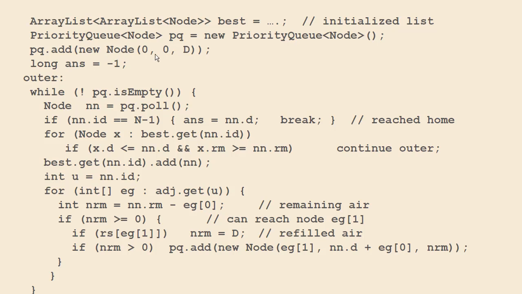We start by having the distance 0, starting at node 0, with d amount of air left. While the priority queue is not empty, we take a node out, and if the node ID is n-1, that means we have arrived home. Because the priority queue is primarily based on the distance traveled, the first thing we find will be the shortest distance. So we have reached home.